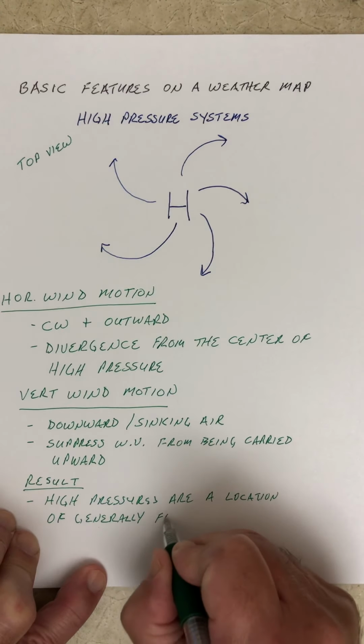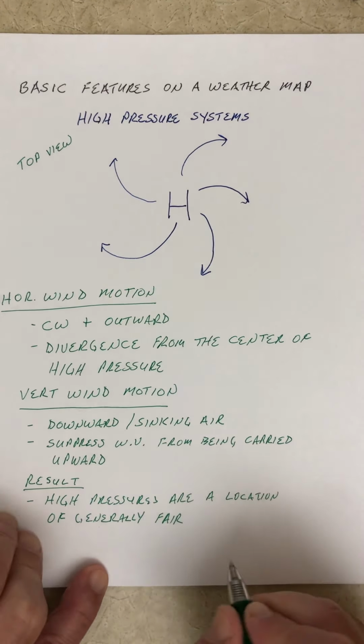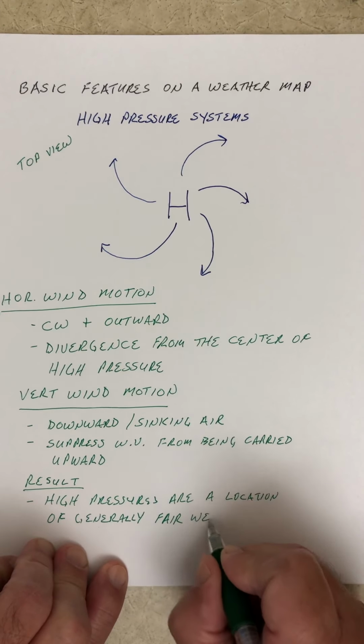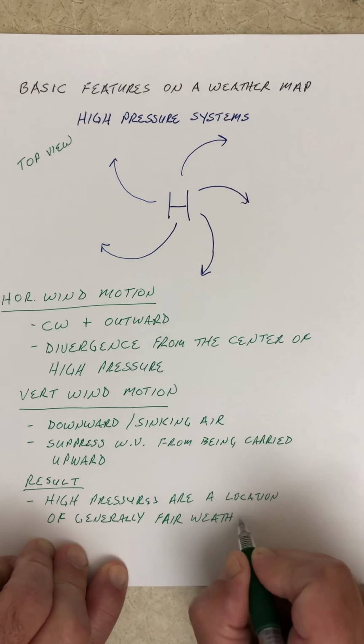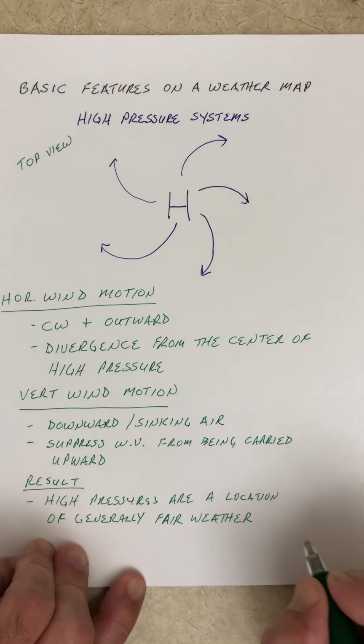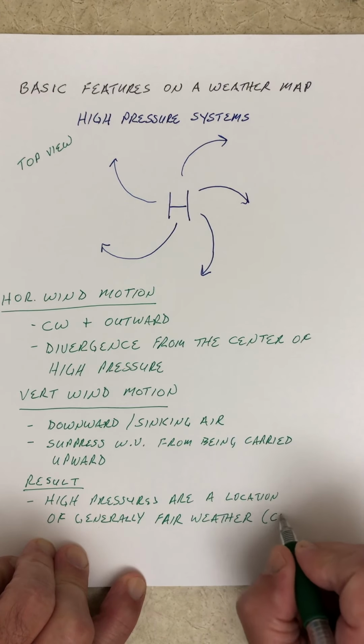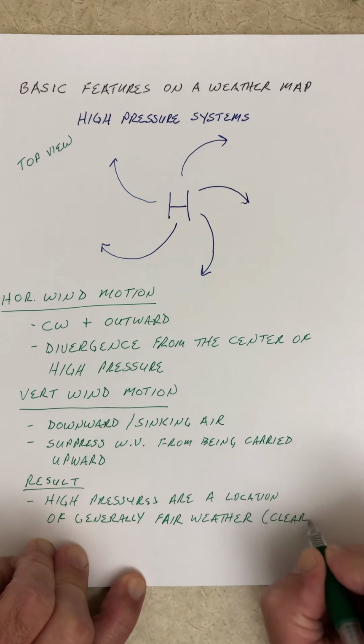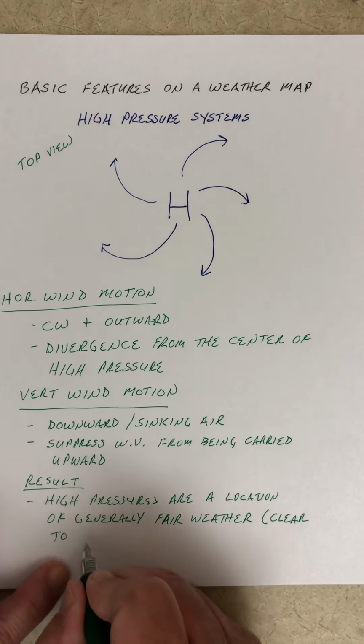And we often use the word fair, I don't know why, but fair weather is usually associated with high pressure. Okay, and so by that we mean clear to partly cloudy skies.